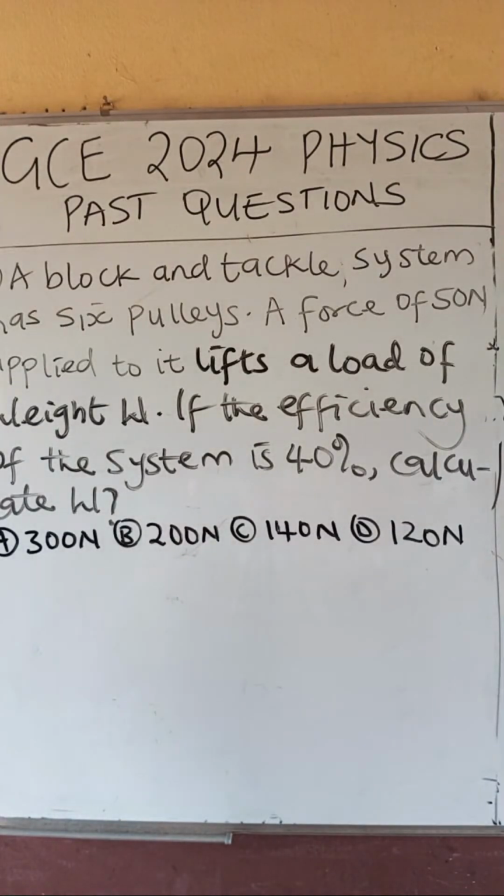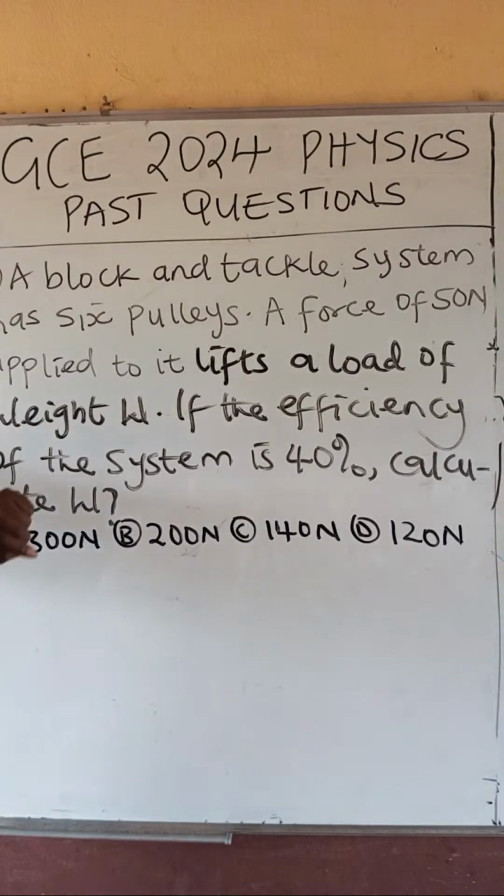A block and tackle system has 6 pulleys. A force of 50 Newton applied to it lifts a load of weight W. If the efficiency of the system is 40%, calculate what? W. Are we there? Let me go again.